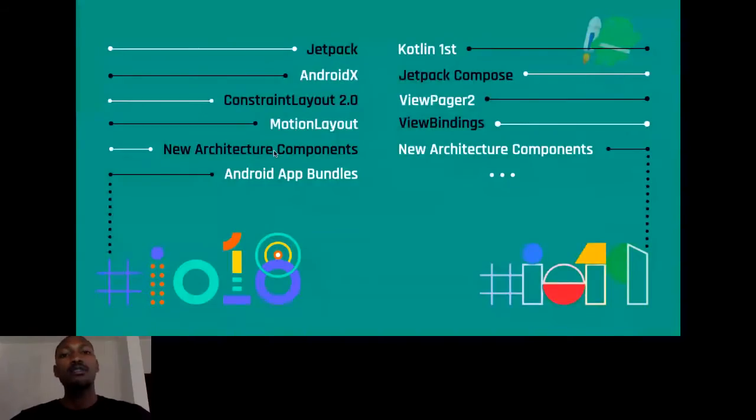I'm talking about tools like Jetpack libraries, Android X, Constraint Layout 2.0, app bundles, and in Google I/O 2019, Android development became Kotlin first, like the Kotlin language became the first to be used to develop the Android app.